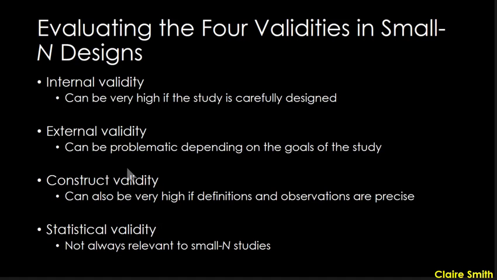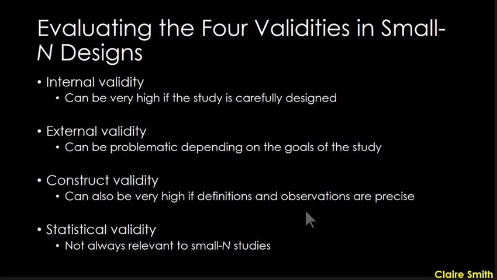Construct validity, obviously, is what the researchers make it. So it's important that the definitions and observations, how we operationalize what we're studying, are precise and there's a really good experimental setup. Construct validity shouldn't be a problem in a small n design. And statistical validity, finally, again, we're not necessarily trying to generalize this to people, so statistical validity is not necessarily relevant.